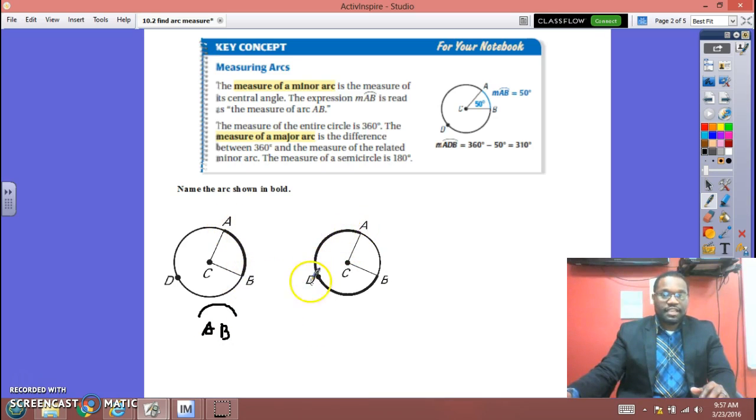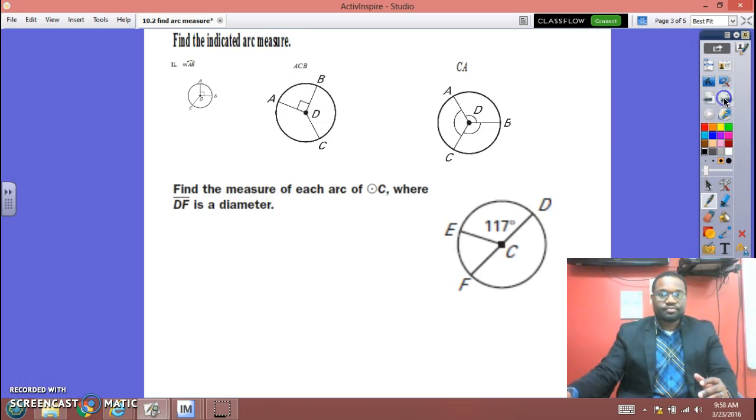The bold part here is the major arc. So that gets arc A, D, B. And it's the mouse, so I'm really slow with it. But that's the major arc that's shown in bold. That's the minor arc shown in bold. All right, so that's just naming the arcs.